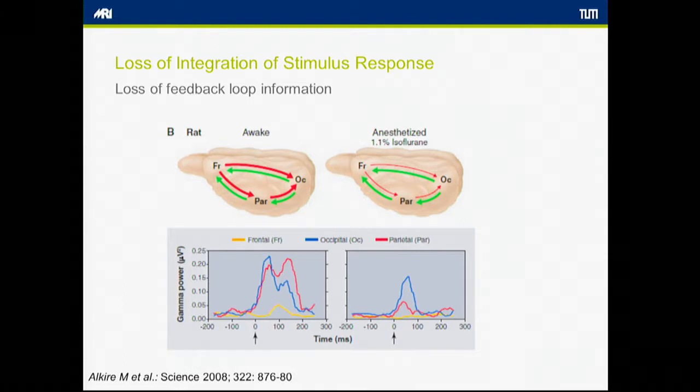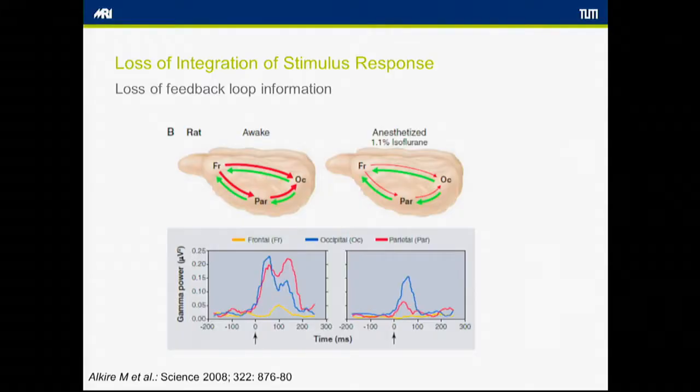And this means there is a signal input and there is a perception or a reaction to the signal input by primarily cortical perception areas. The information is transmitted to the front of the brain, and then there is a feedback loop to the back of the brain, which makes sure that the information is perceived.